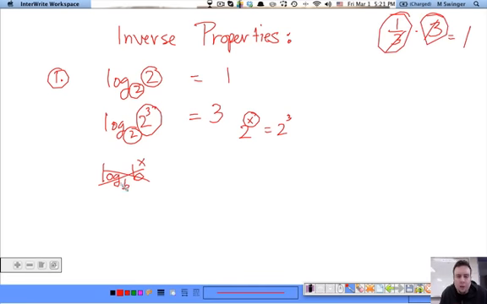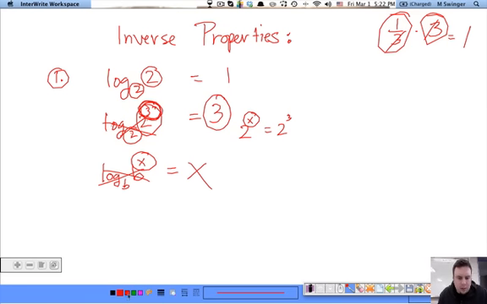These are inverse functions of each other, so they cancel out and you're left with x. Log base 2 of 2 to the 3rd, you're left with 3. Log base 2 of 2 to the 1st, you're left with 1. You see the property there?